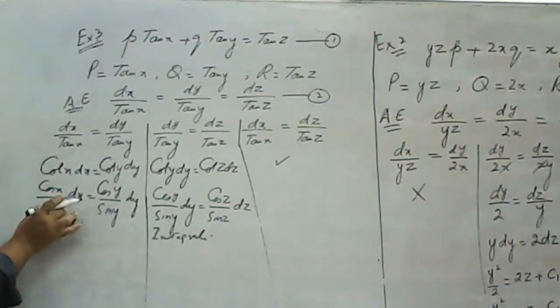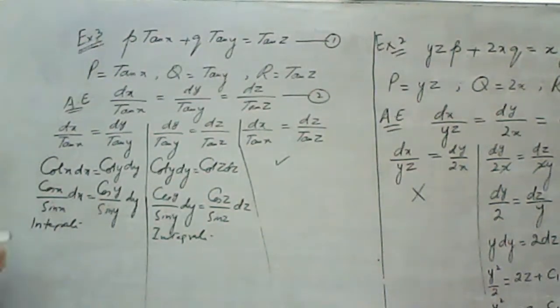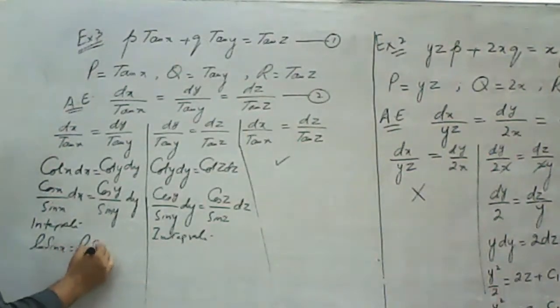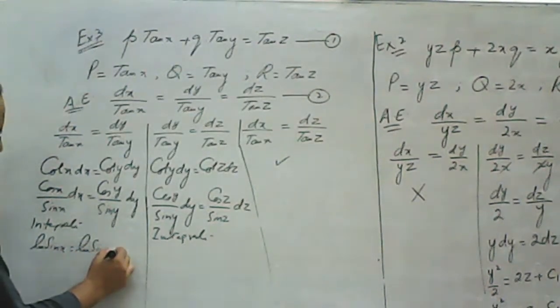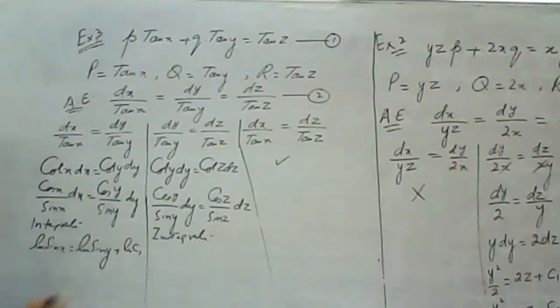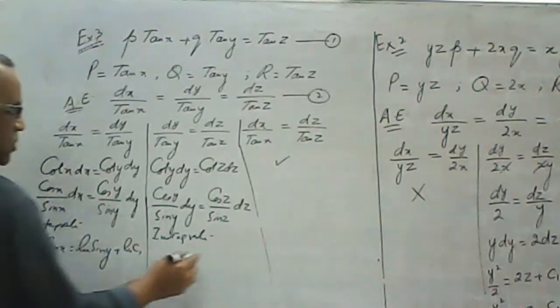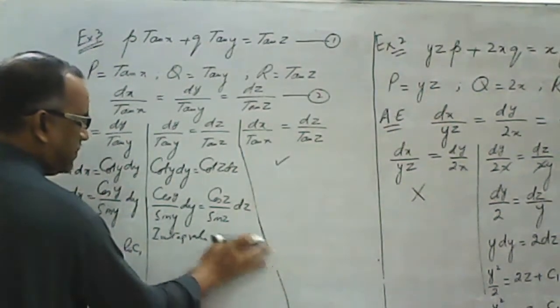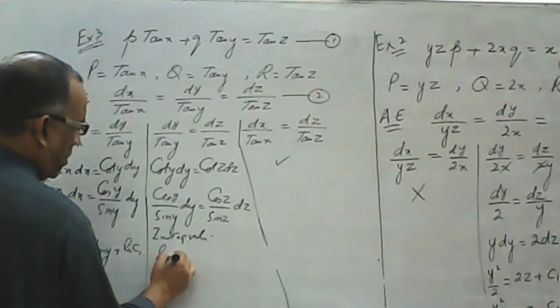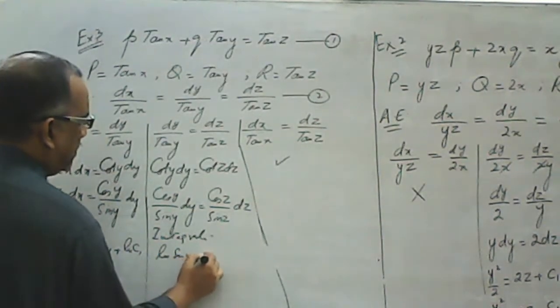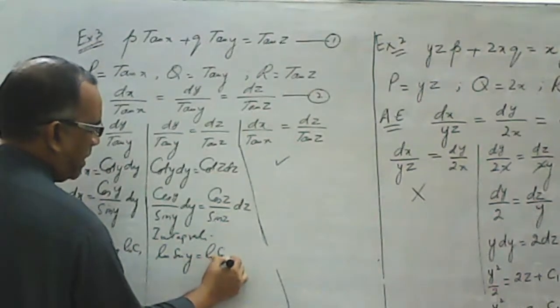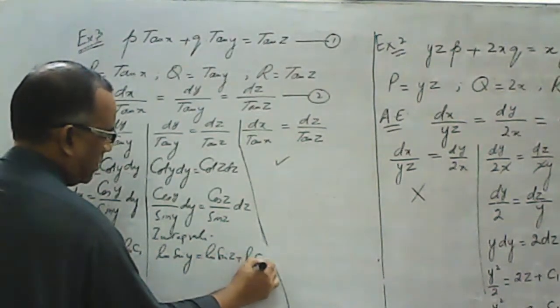So here the derivative of sin x is cos x, and it is there in the numerator, so I write log of sin x equal to log of sin y plus log of c1. Instead of c1 I write log of c1. So just think why I write this. Here log of sin y equal to log of sin z plus log of c2.